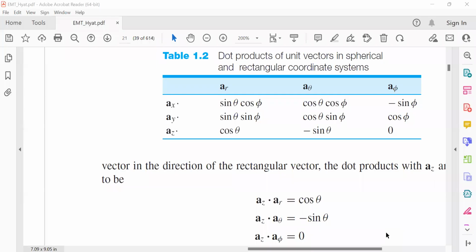Can you see it now? Yes, sir. The same table. Where ax ay az is written, write x cap y cap z cap, and above write r cap theta cap phi cap and make this table. And you know that it is cos of angles between them, right?